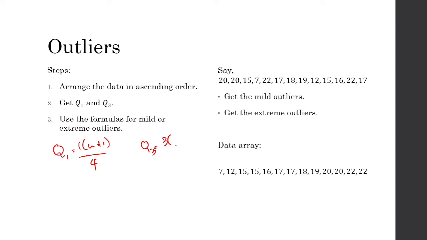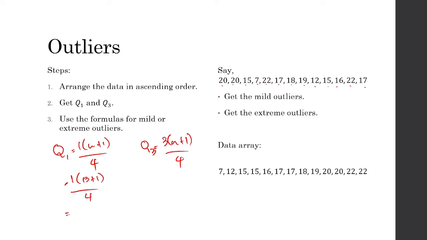We will be using 3 times n plus 1 over 4. And since we have here 1, 2, 3, 4, 5, 6, 7, 8, 9, 10, 11, 12, 13 data points, so 13 plus 1 over 4.